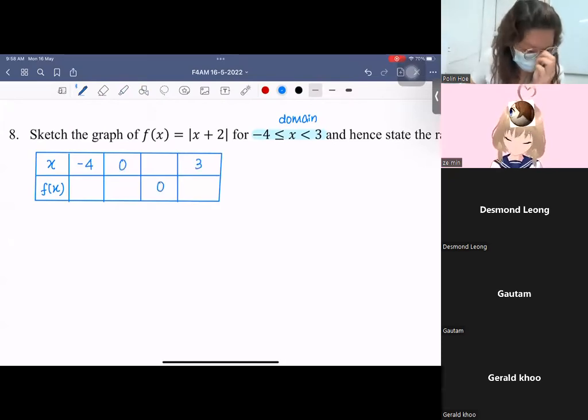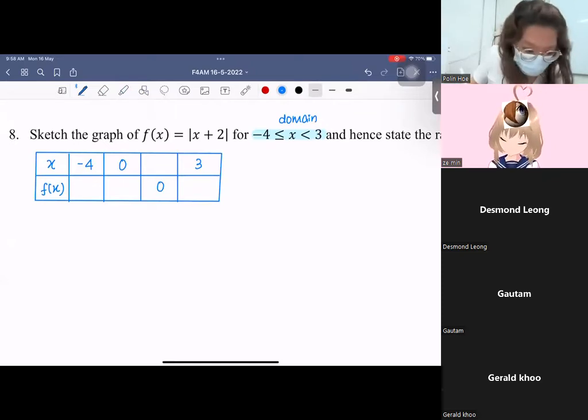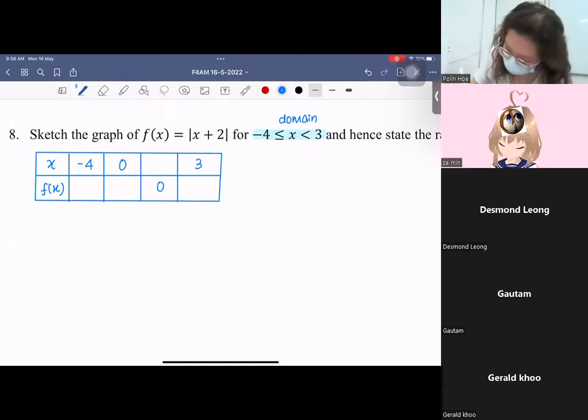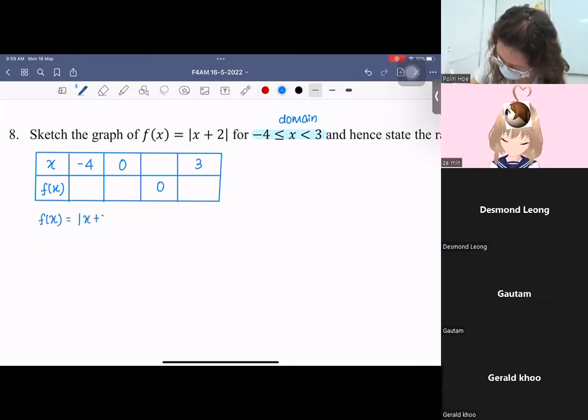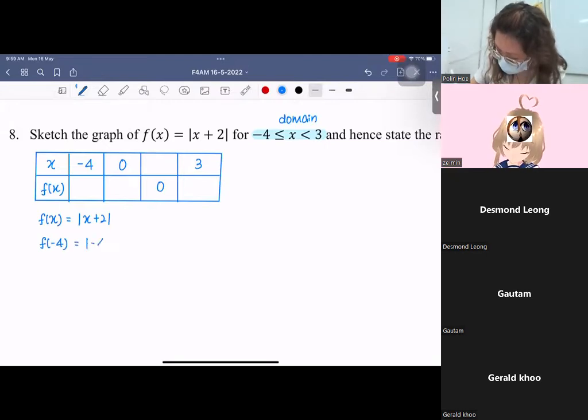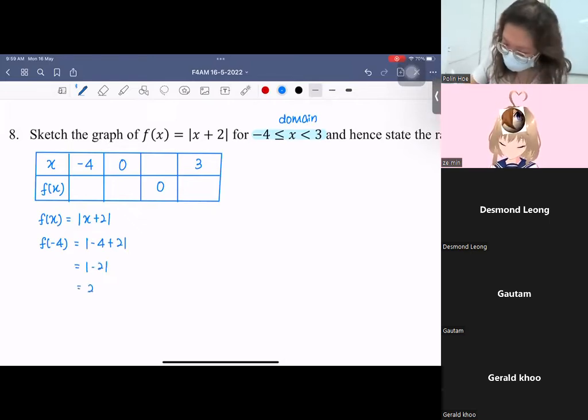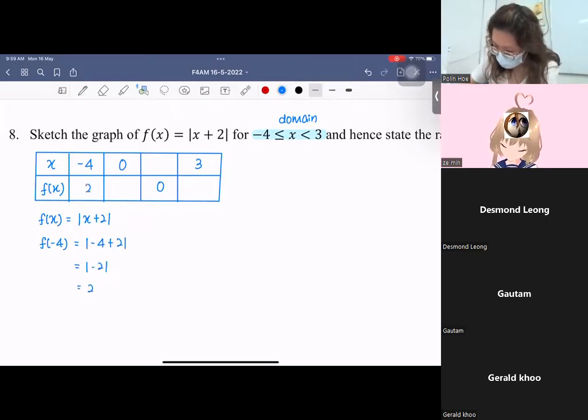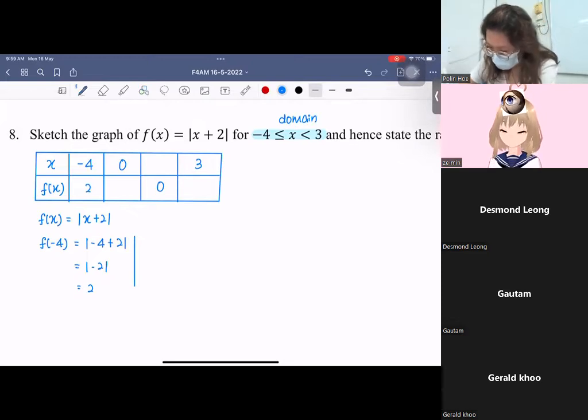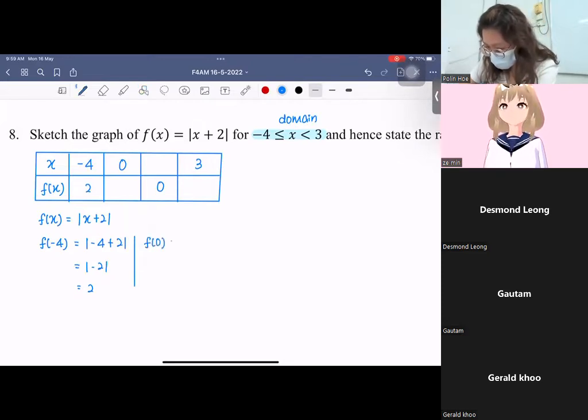After that, you find f(x) equals x plus 2. f(-4) equals -4 plus 2, which equals -2, and all negative values will be positive, so it equals 2. f(0) equals 0 plus 2 equals 2.